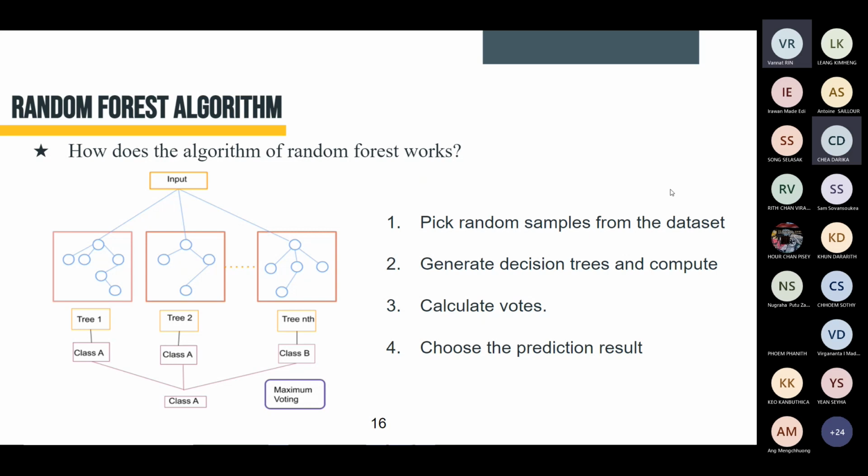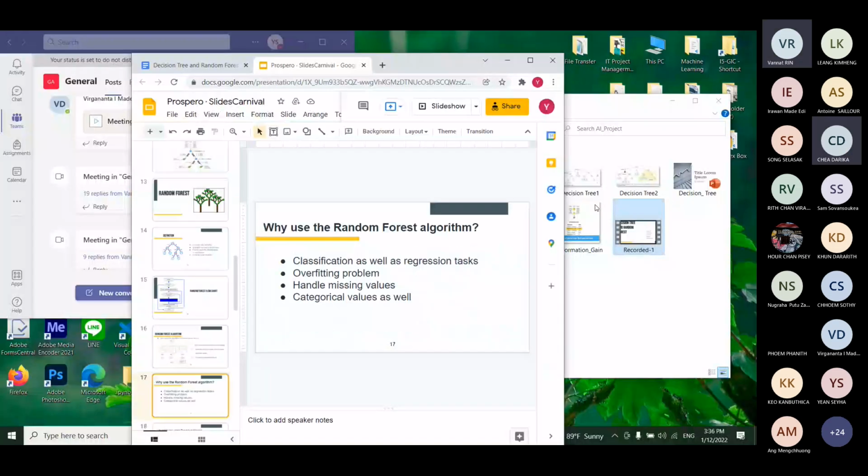The next step is decision trees and compute the predicted result for each decision tree, and step three is to find the result and choose the predicted result that has the maximum vote as the final prediction. That's all.